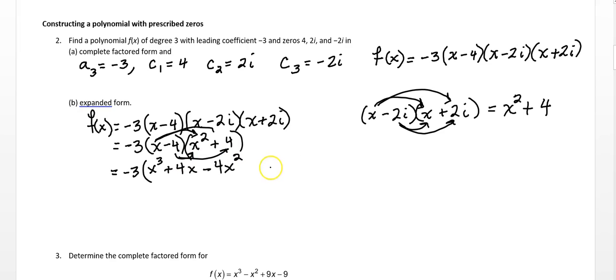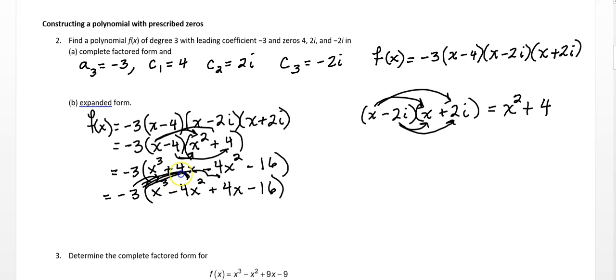And -4 times 4 is -16. And then writing that in descending order. And then distributing the -3. And we are done.